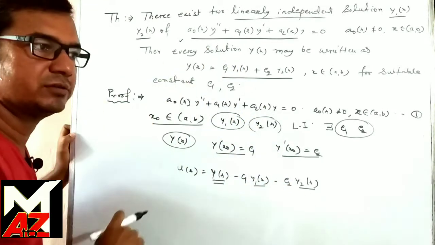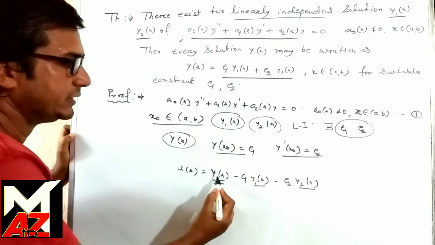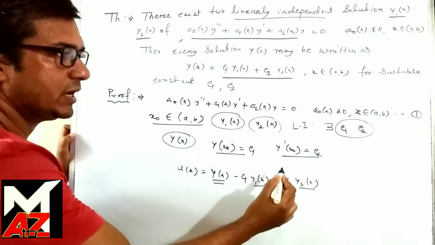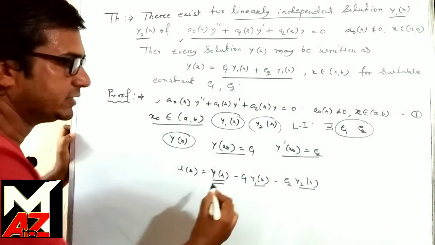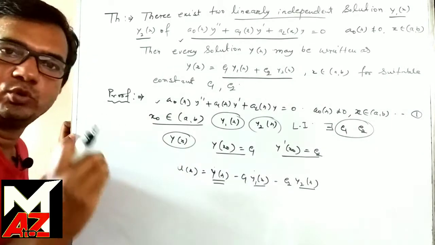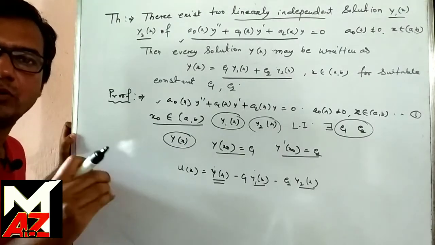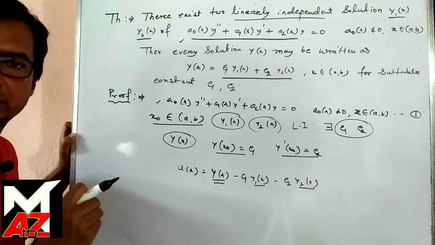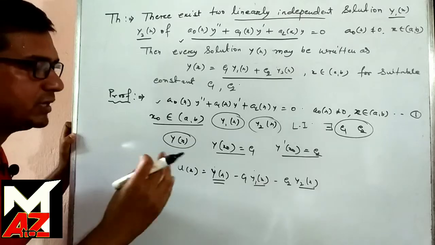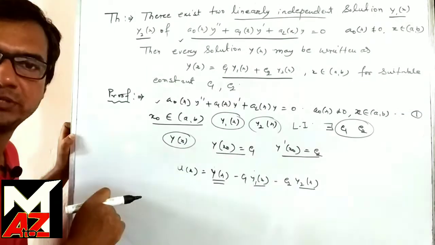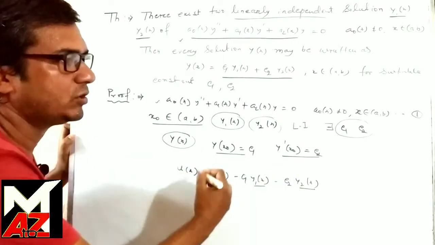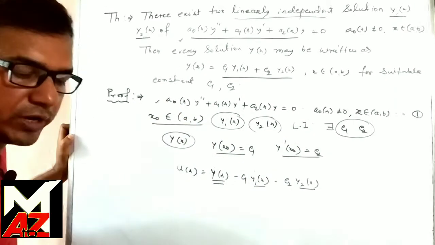It's given. So these three are solutions of 1, and this is a linear combination of three solutions. And we know that a linear combination of solutions of a second order differential equation is also a solution of this differential equation. So we say that u of x must be a solution of the differential equation 1.